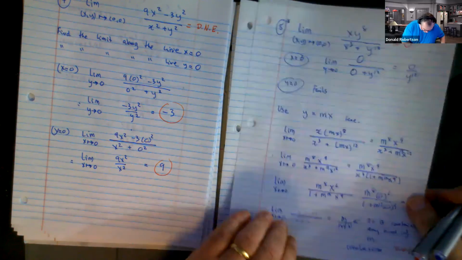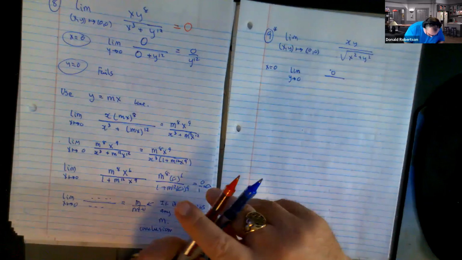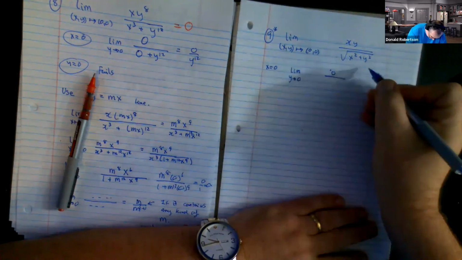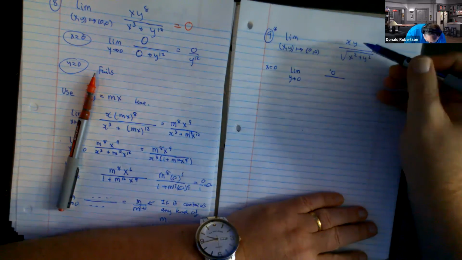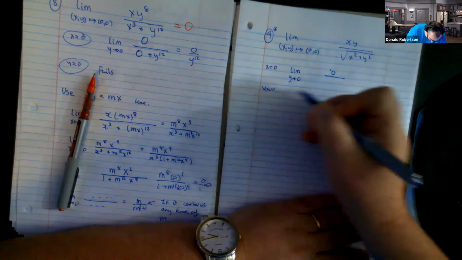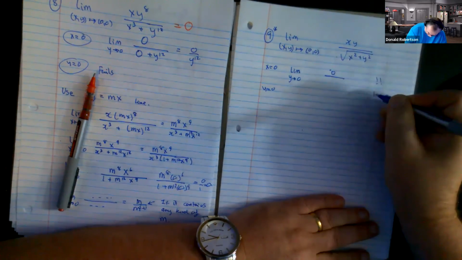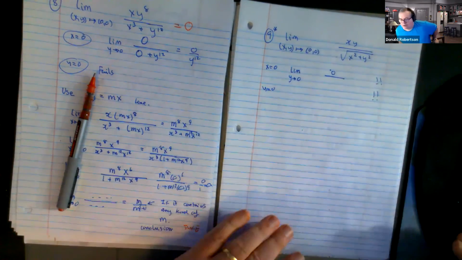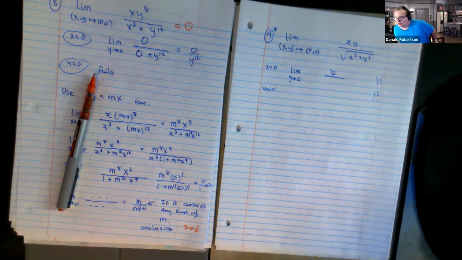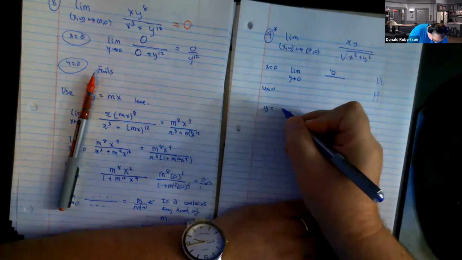Okay, we got this guy here to worry about. Same situation. If I try to do along the x equals zeros or the y equals zeros, can you trust me that we have big problems? It doesn't work. Why doesn't it work? Because I end up with zeros over zeros all over the place. So I'll travel along the line y equals mx.